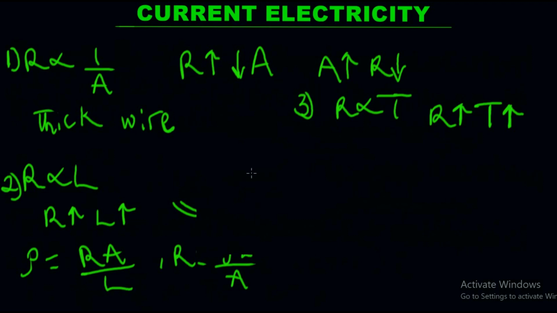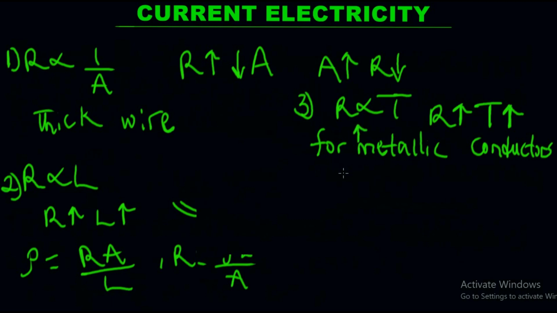What if we asked about maybe the non-metallic conductor? What will happen? Now for non-metallic conductors, right? And a good example is the graphite. The resistance decreases with temperature. Yes, for non-metallic. This is for metallic conductors. Now, if we are dealing with non-metallic conductors, their resistance decreases with temperature.